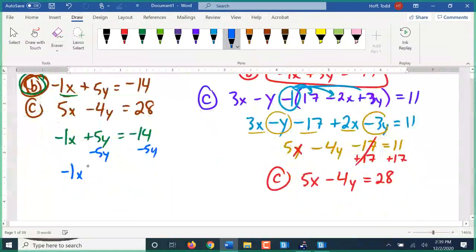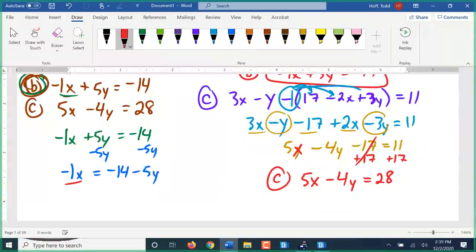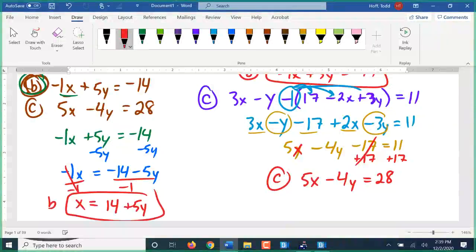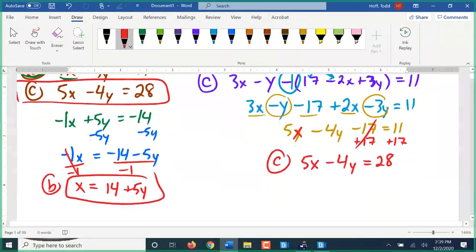Negative 1x equals negative 14 minus 5y. And I'm going to divide by the negative 1 to get x by itself. So x equals negative 14 divided by negative 1 is a positive 14. Negative 5y divided by negative 1 is a positive 5y. So equation B becomes x equals 14 plus 5y. So I have to come back and put that into equation C here.